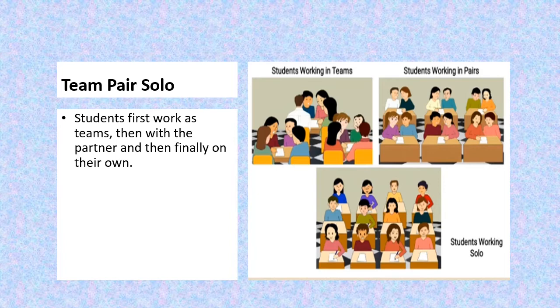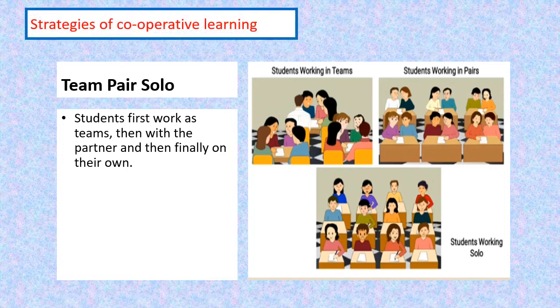Team pair solo. Here, students first work as a team, then with a partner, and then finally on their own. Some students are not able to solve problems on their own in the starting. So, first they solve problems in teams.